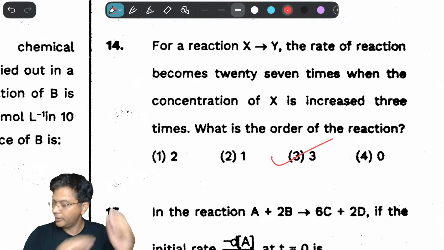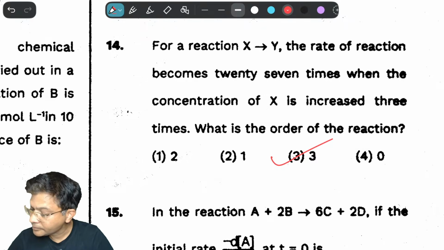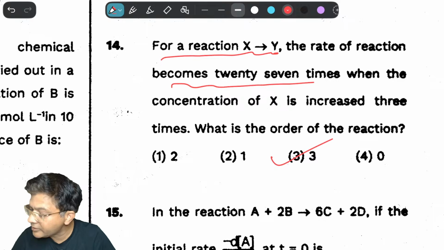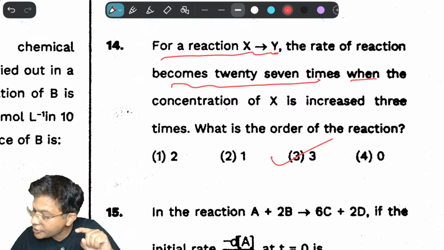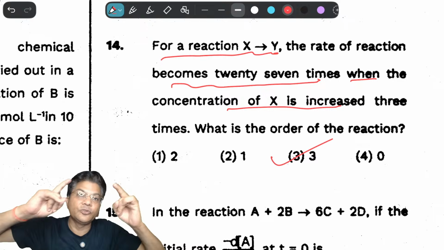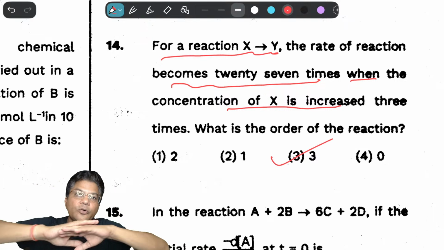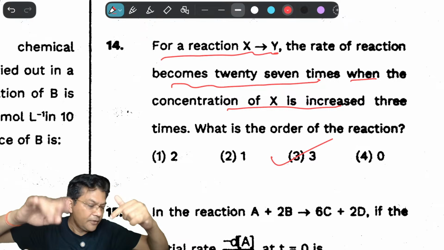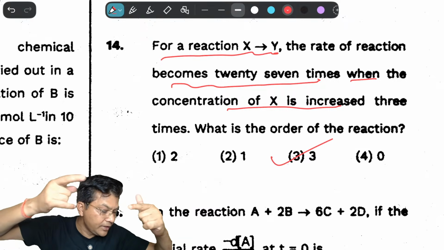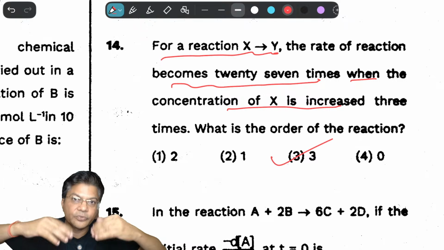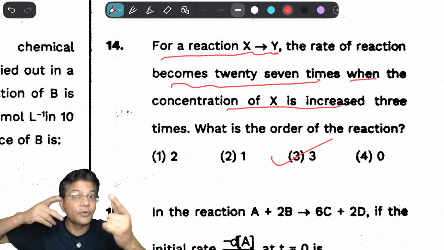Very good. For a reaction X gives Y, the rate of reaction becomes 27 times when the concentration of X is increased 3 times. My dear students, if the power is 0, the rate of reaction will not change. If the power is 1 and you are increasing the concentration 3 times, then the rate will become 3 times.